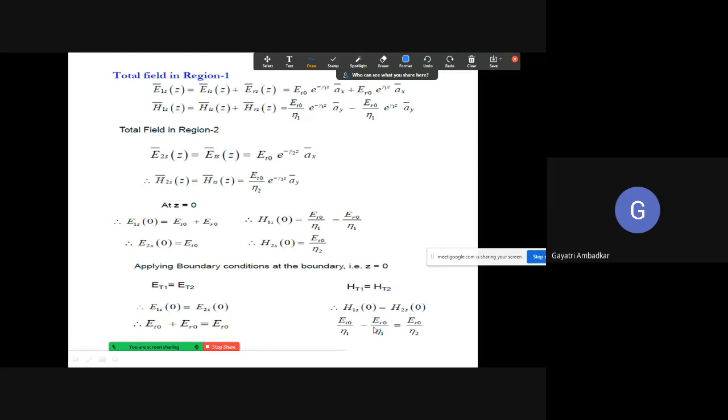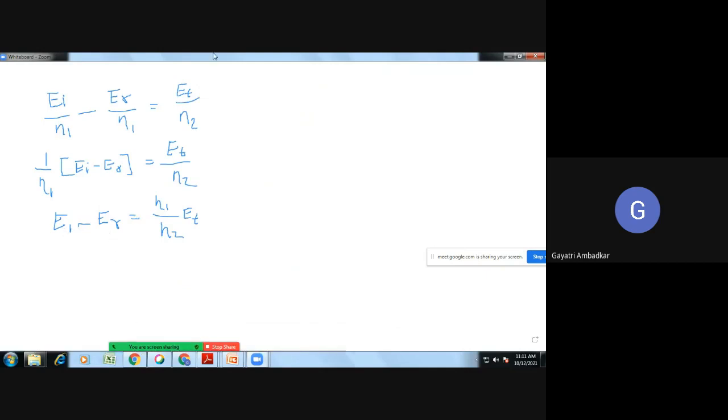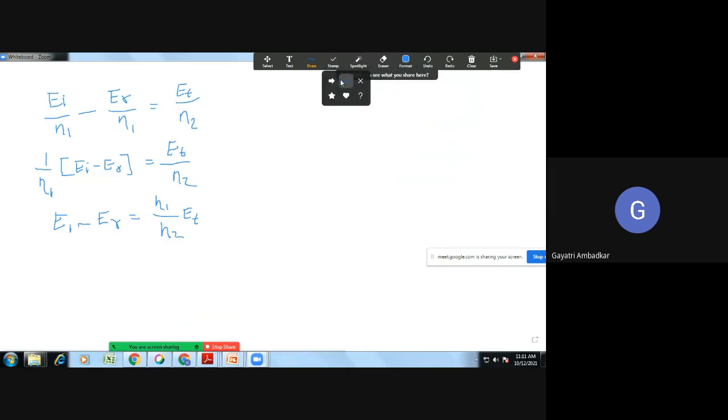From this equation I have converted to the form of E, and we already have the equation for the transmitted wave.